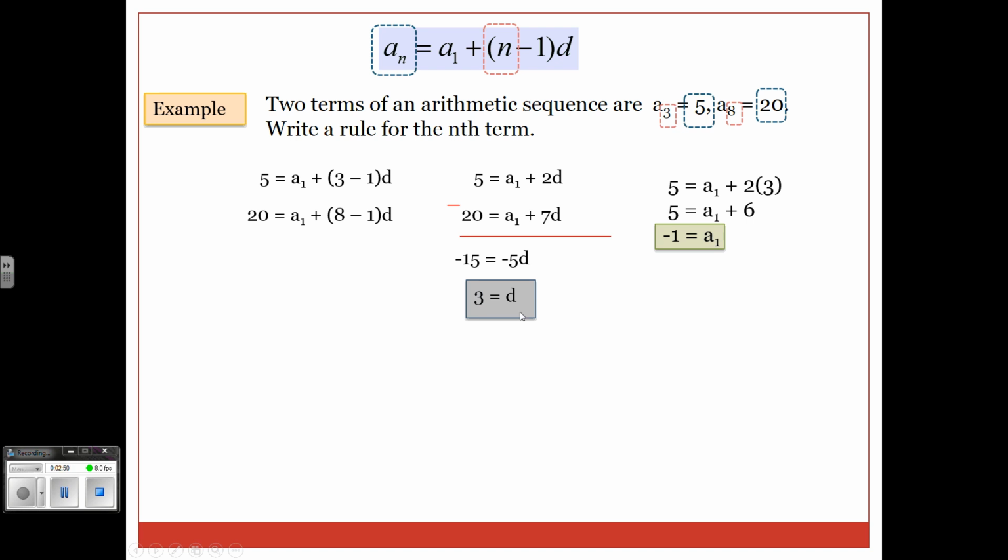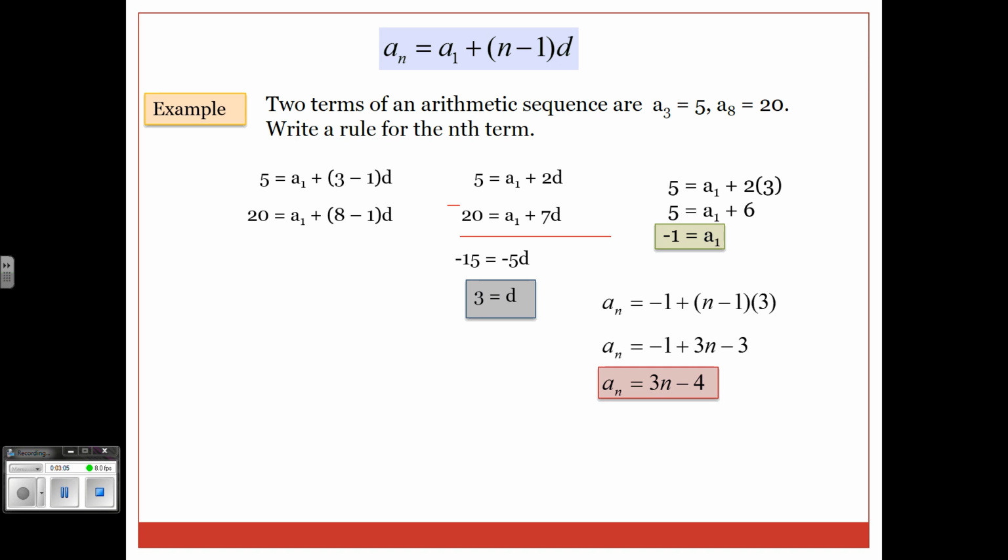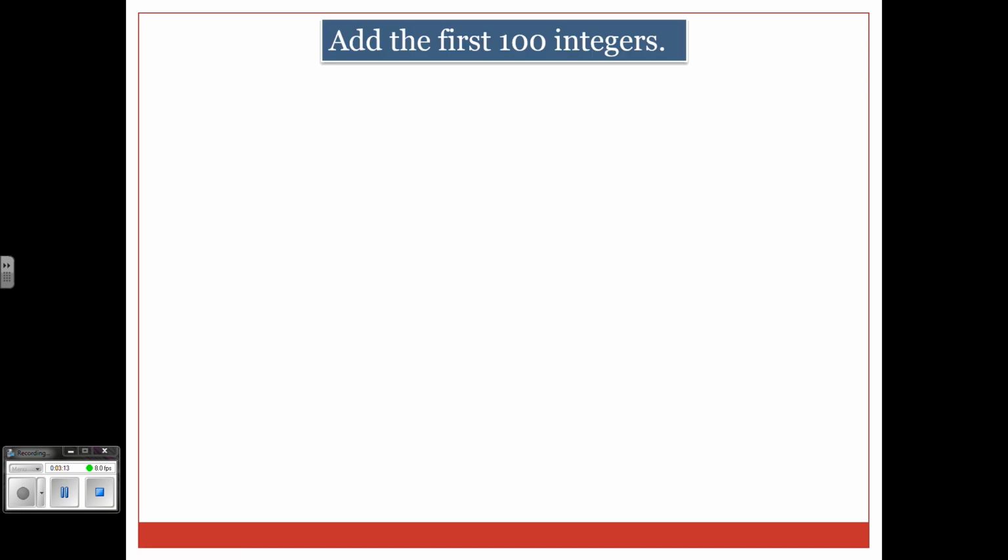Now that I have the common difference and the first term, I can just plug them into this formula and simplify. So now it becomes a problem like you did on yesterday's assignment. Alright, so working through the algebra, distributing the 3, combining like terms, I get my rule. Alright, so now we're ready to go on to series.